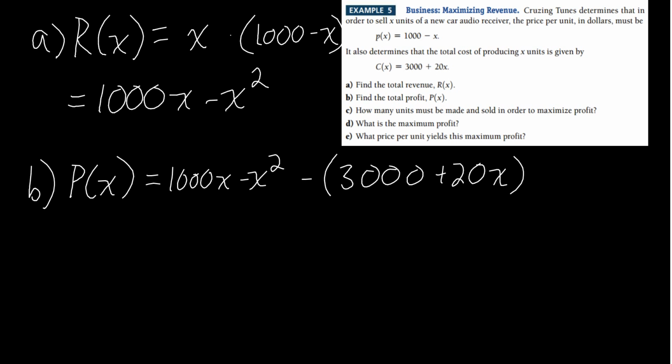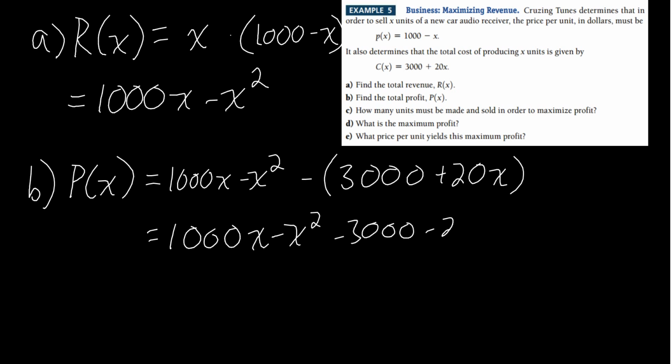All right, and let's go ahead and fix this up. So we're going to end up with 1,000x minus x squared, and then minus 3,000, and then minus 20x. All right, and let's make this nice and neat and in descending order.